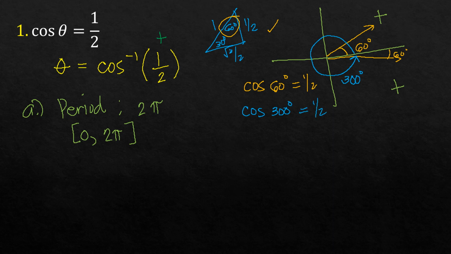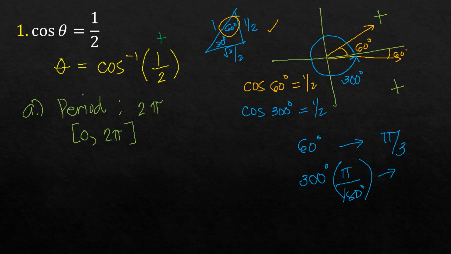But now, since we're referring to the solution, 60 degrees and 300 degrees must be converted into radians. So this is pi over 3. 300 degrees, multiply that to pi over 180 degrees. Recalling the conversion, we cancel 0 here.